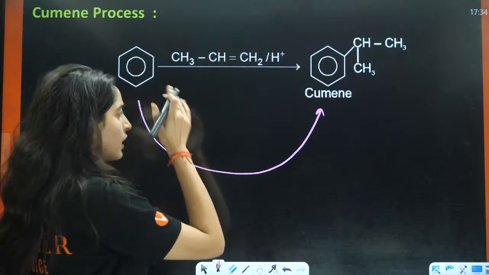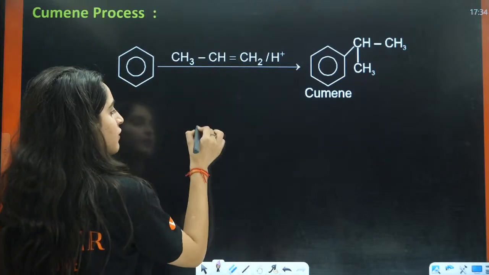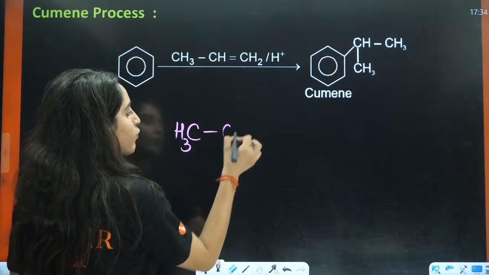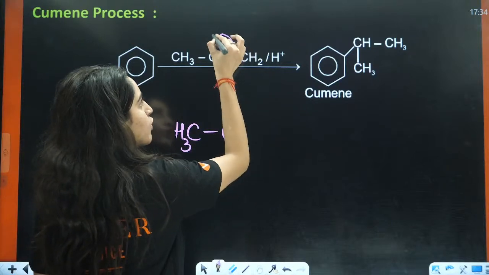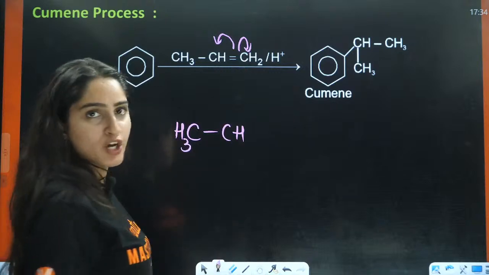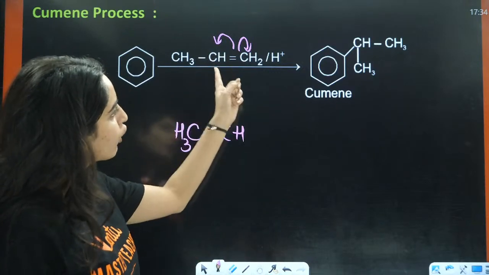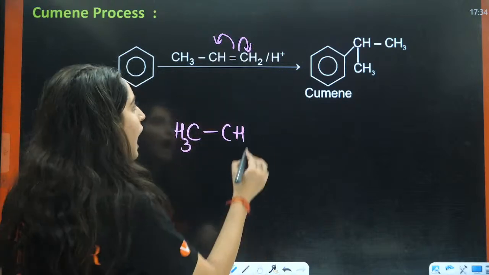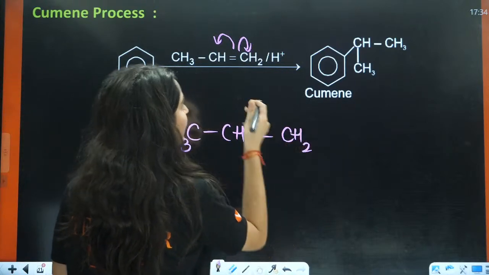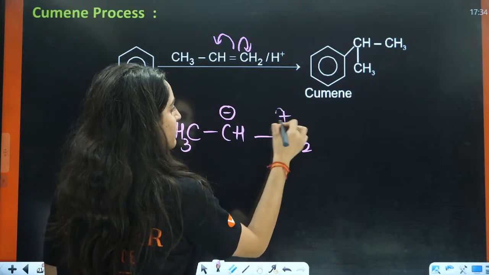Whenever a double bond is going to break, either electrons can jump this side or electrons can jump this side. Two possibilities. If the electrons jump this side, it will be negative, here it will be positive.